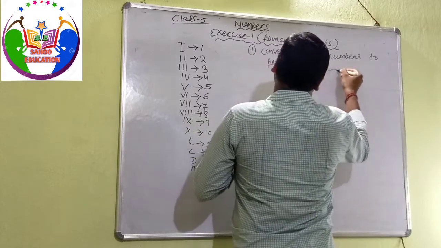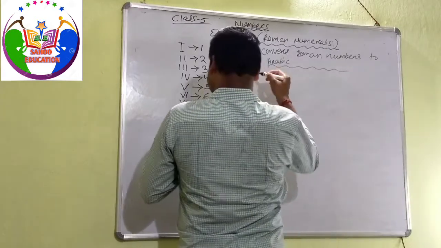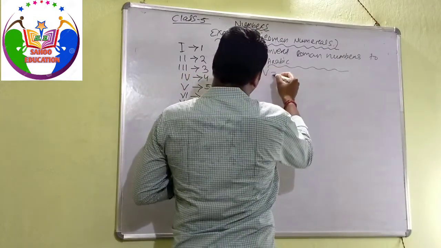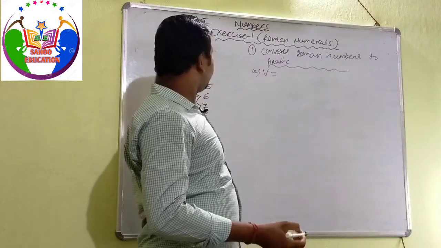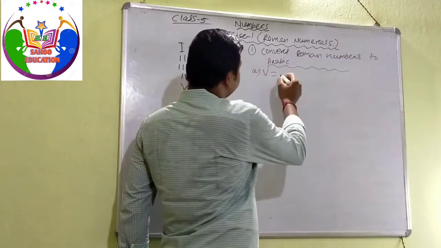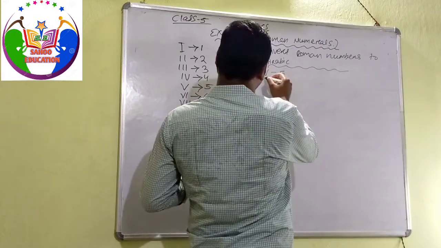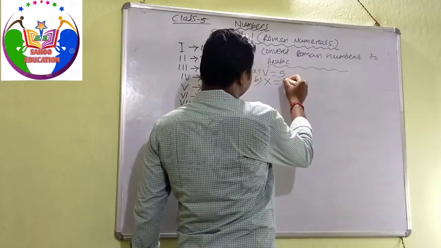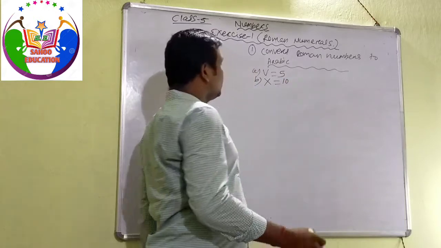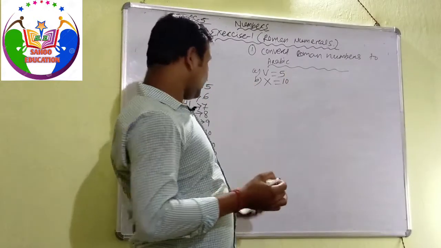Here given student, A, V. You know V is for 5, and B is given X. You know X is also equal to 10.